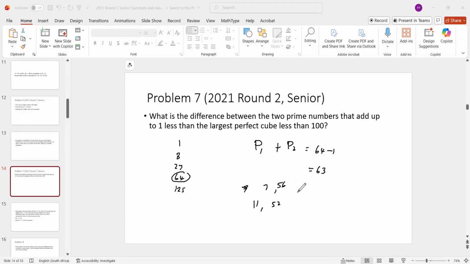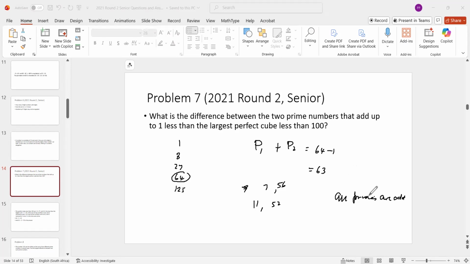Now, it won't take you long to realize that you're always going to get an even number, right? All the primes are odd, so the sum of two odd numbers will always be an even number.